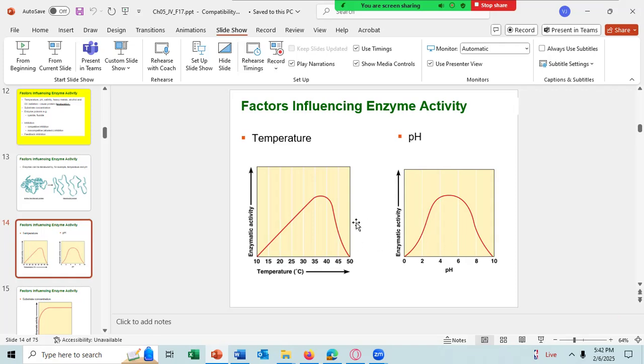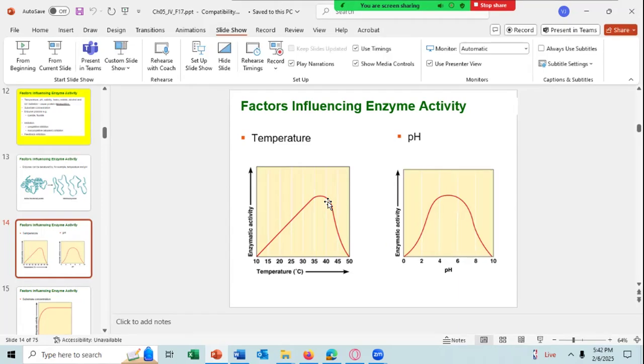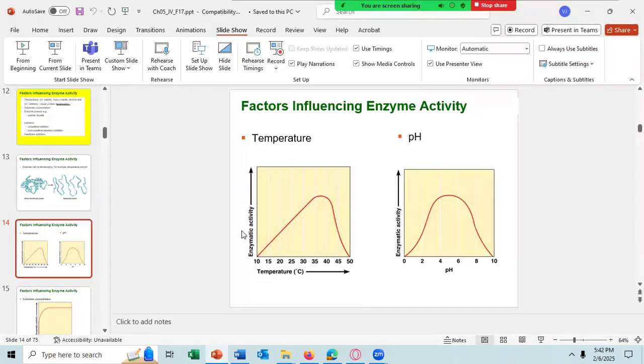So for our enzymes, they work best around 37 degrees. And at any temperature below 35, that enzyme will not be working at its optimal level. It'll be working at a slower rate. And as you decrease the temperature, you'll get less and less of the energy which can perform the chemical reaction until you totally freeze it, or in this case, until you reach 10 degrees Celsius. That's putting it in the refrigerator.